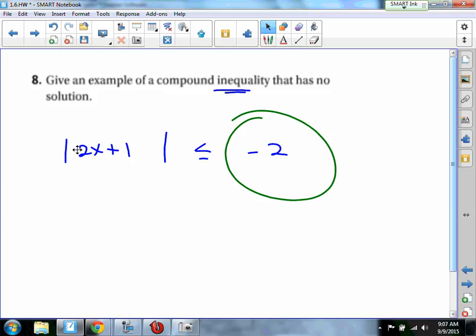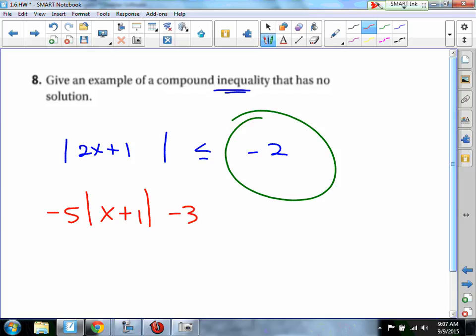If you wanted to be a little bit more creative, you could say negative 5 times the absolute value of x plus 1, minus 3, is greater than, in this case, this could be 12, okay? That could be 12, because if you simplify that, then you get 15 divided by negative 5, which would be a negative 3. So you could get a little more creative, but that's the idea on number 8, okay?